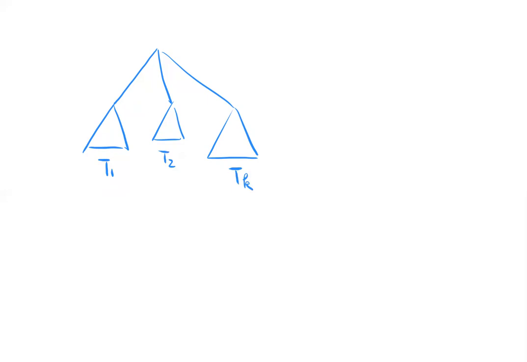The whole tree is called T. Then our task is to see how the minimum weight vertex cover of T depends on the vertex covers of T1, T2 up to Tk.